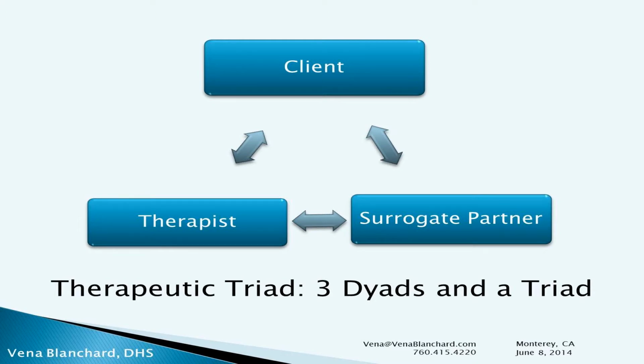Client continues to see their therapist, talks to the surrogate, client and surrogate see each other, so that most of the interactions are dyadic, but the information is pooled in a way so that all members of the triad are informed and participatory, and without that, it's not surrogate partner therapy. It's something else. Some people might say they're working as a surrogate partner. If they're not working in this modality, it's not surrogate partner therapy.